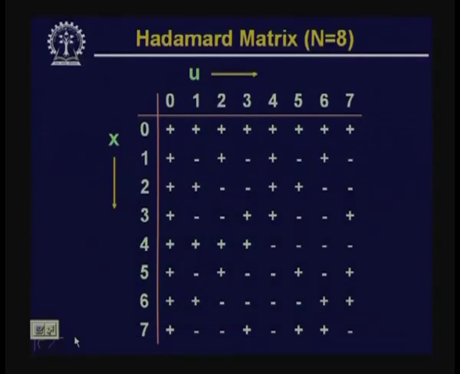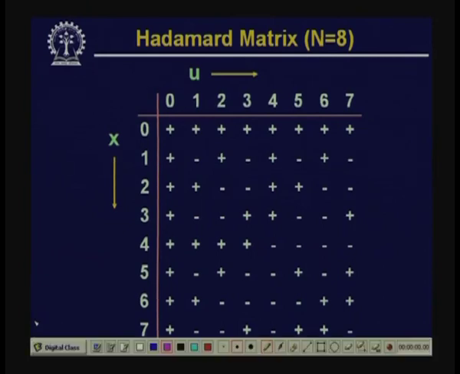Now, if we analyze the Hadamard matrix further, let us see. Suppose I want to analyze this particular Hadamard matrix. Here you find that if I consider the number of sign changes along a particular column, the number of sign changes along column number 0 is equal to 0.